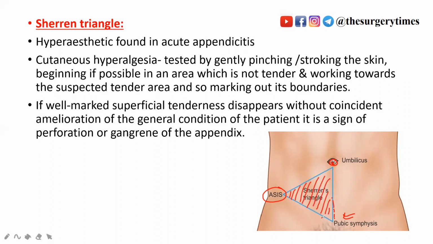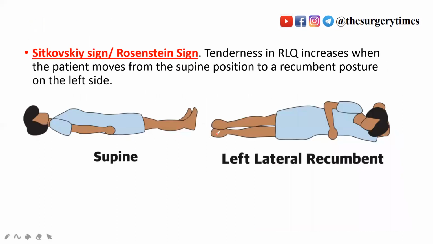It indicates that there is presence of perforated appendix or gangrene appendix. If well-marked superficial tenderness disappears in a patient of appendicitis, then it is a sign of perforation or gangrene of appendix. Remember this one.